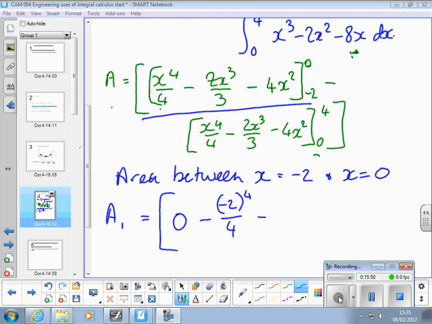Take away 2 times 4 cubed over 3. Have I done that right?